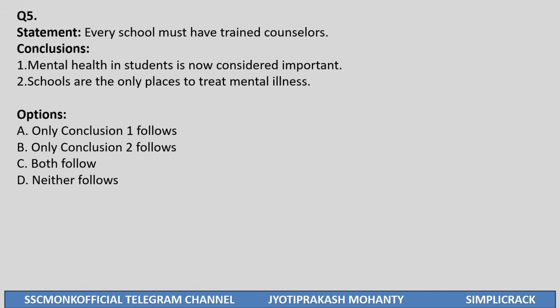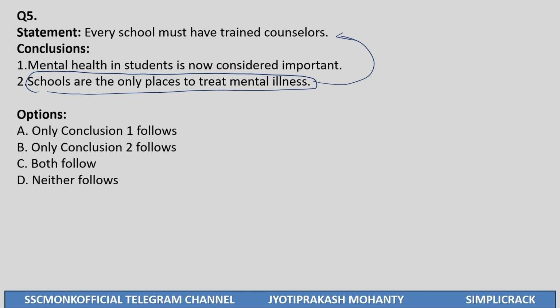Clear? Next. Every school must have trained counselors. Every school should have what? Trained counselors. This is my statement. My first conclusion is what? Mental health in students is now considered important. Second, schools are the only places to treat mental illness. Now understand. Does this conclusion have any attachment here?